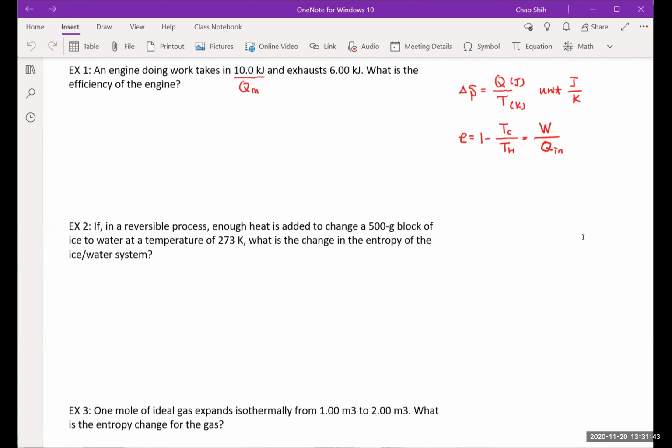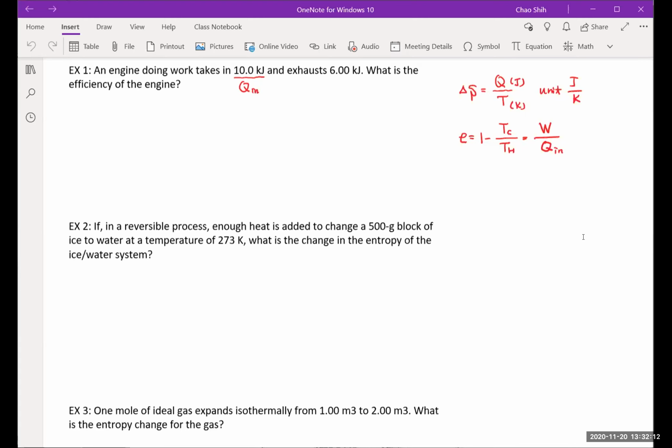Now it gives the exhaust, and that's the 6 kJ. So what an exhaust tells you about this engine? It requires work. It's the work. So if that's the work, that means it actually only do the work in that percentage, right?